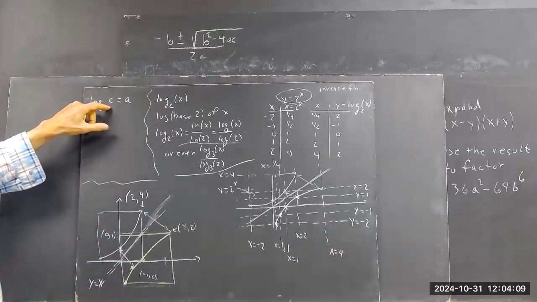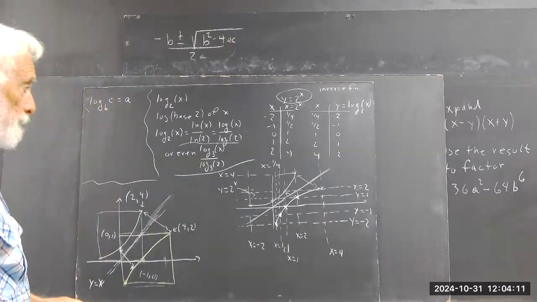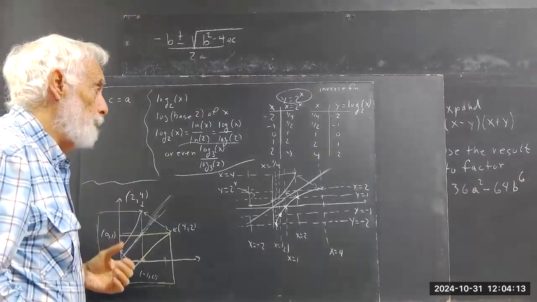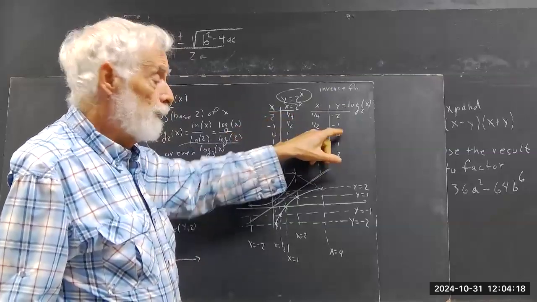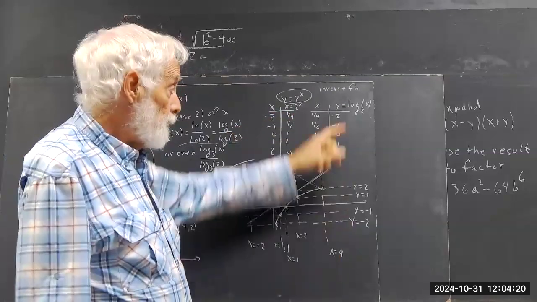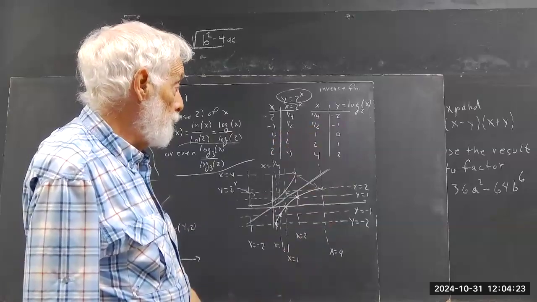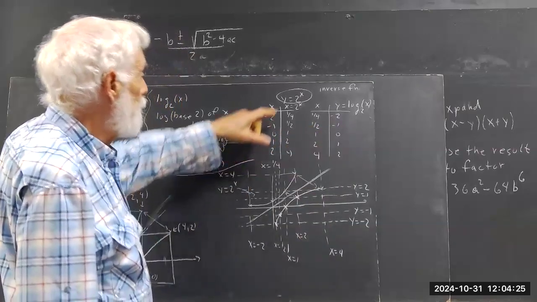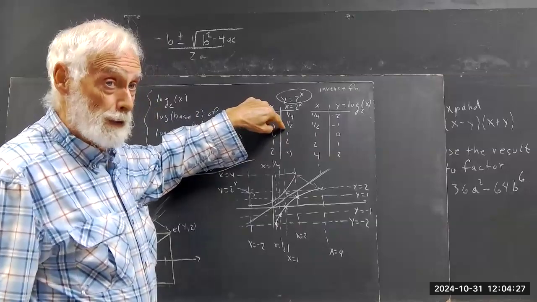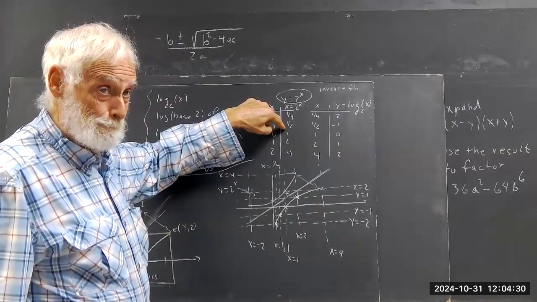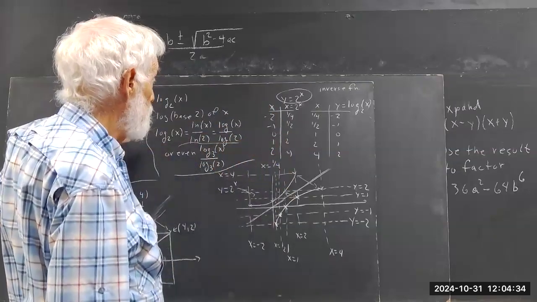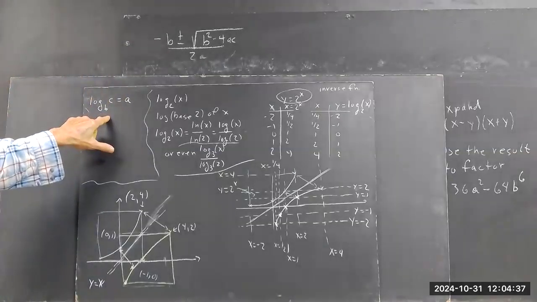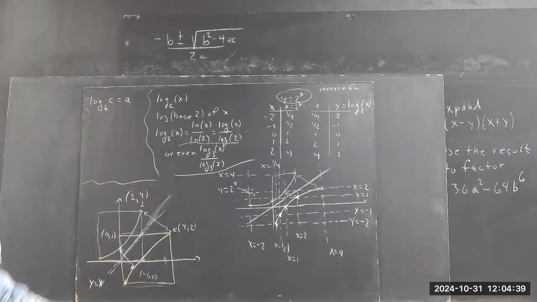Okay, well, what does log base b of c equal a mean? Let's look over at the table. Log base 2 of 1/2 is -1, right? Why is the log base 2 of 1/2 equal to -1? It's because 2 raised to the -1 is 1/2. So this is like log base b, where the base is 2, of 1/2 is -1.